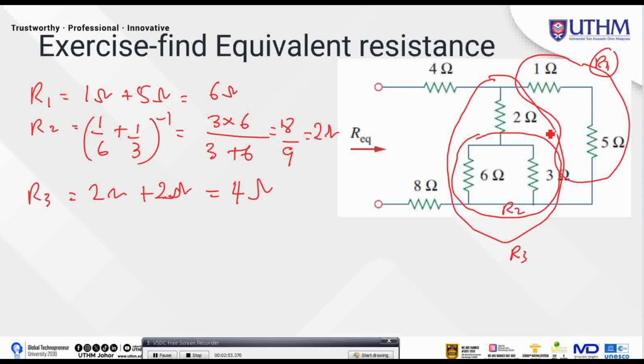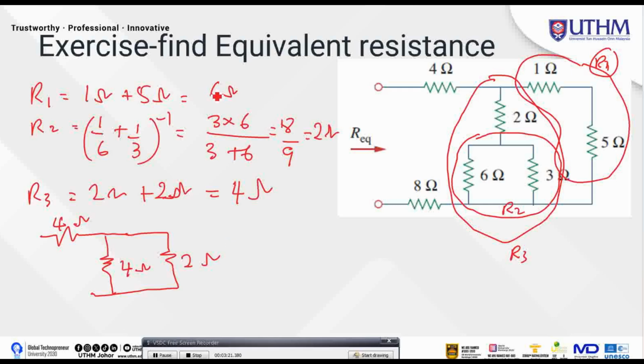After that, let's redraw the circuit. So we have a resistor of 4 ohms, and this one is 4 ohms as well, and then another resistor connected in parallel, 2 ohms.